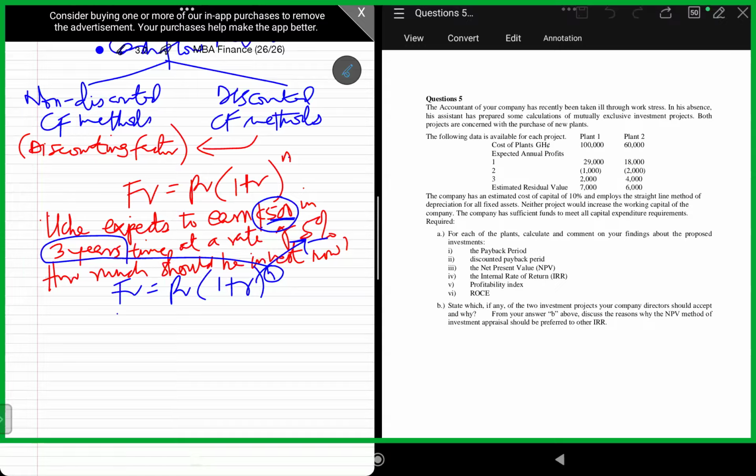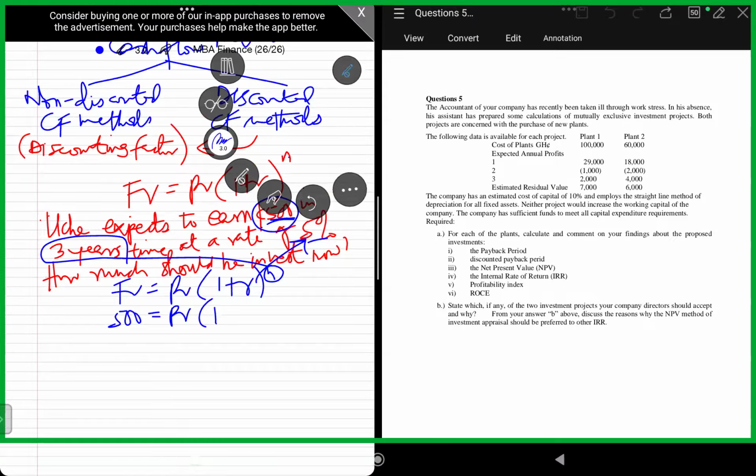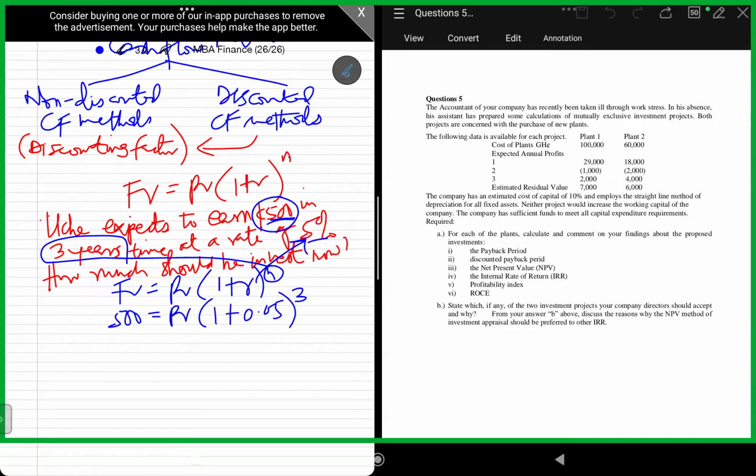So 500 will replace the future value, equals, we are searching for the present value, times 1 plus r. r is 5%, which is now 0.05, and n is 3 years. Are you good? So let me make PV the subject.